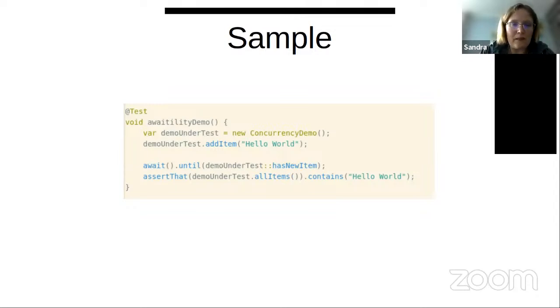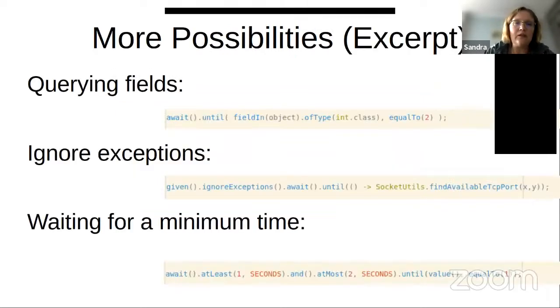So on the third line, the test is stopping and waiting till this condition is matched, and then the assertion is on that, to make a test if everything is going right.